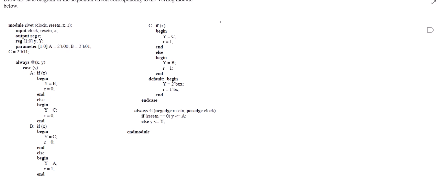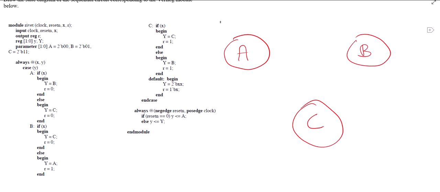Okay, so here we're just defining A to be 0,0, B 0,1, and C 1,1. And then as we look at our Verilog, we can see that we have three states, A, B, and C. And we can see that we are changing the output based on the input, because if we look at case A, it says if X, well, X is our input, and if X means if X equals 1.